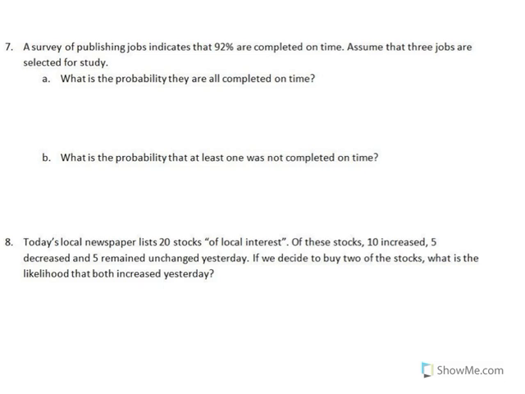Now this may seem a little bit difficult, but it's not. You just have to intuitively understand that these 3 jobs are independent of each other. You have to assume independent events when it is not told specifically that these events are not independent. So these are independent events. If these 3 jobs are independent of one another, then the probability of 3 jobs is written as 0.92 times 0.92 times 0.92.